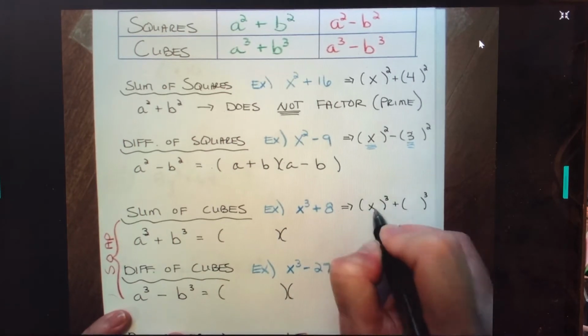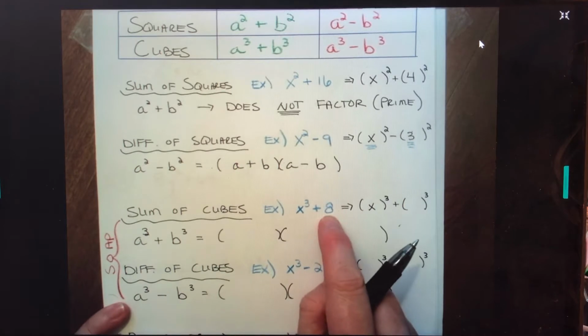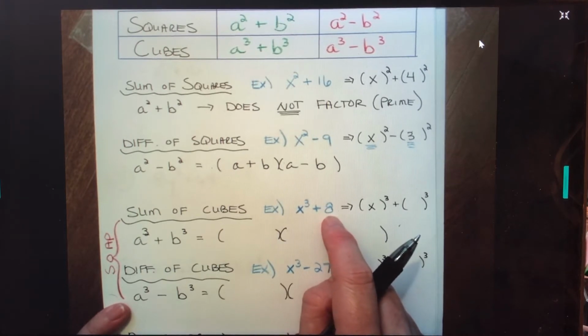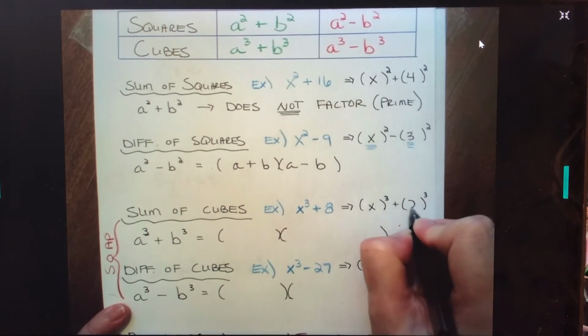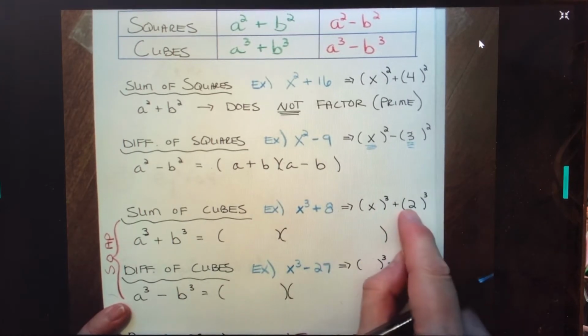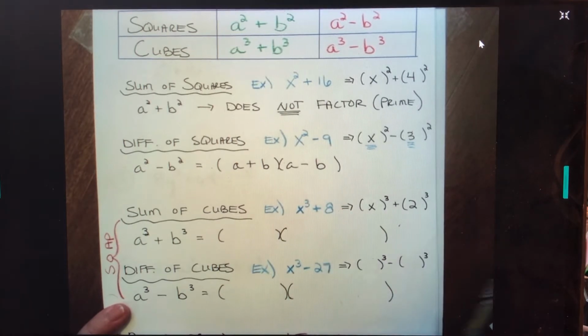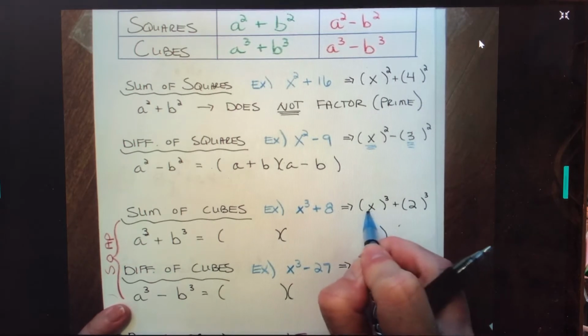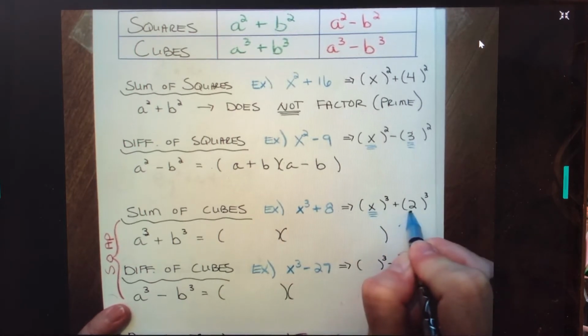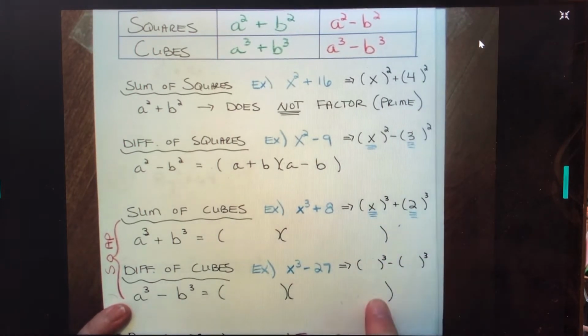So I'll fill that in right here. This one, is this a cube? If you're not sure, you could try to do the cube root of 8 in your calculator. If you get a whole number, that means it is. And in fact, if you did that, you would get the number 2. And some of you may have already recognized that if you took a 2 and you cubed it, you get 8. So similar to the one above, the x is the a, and then the 2 becomes the b.